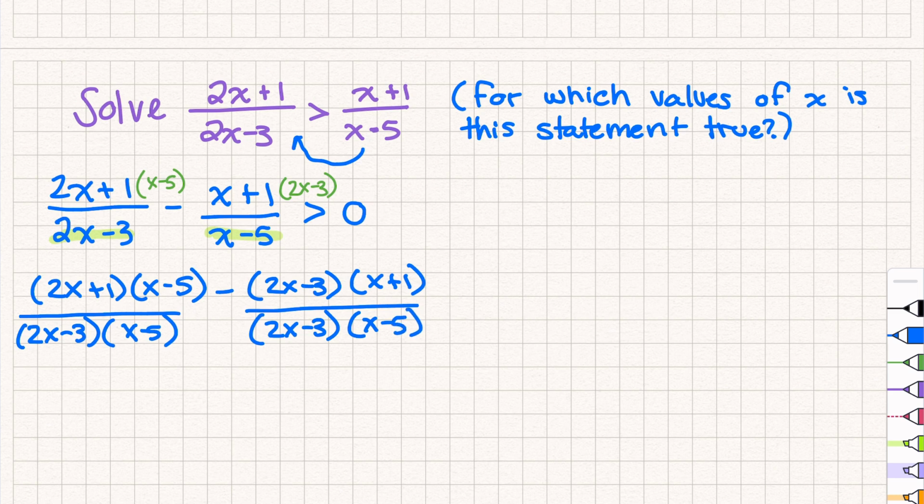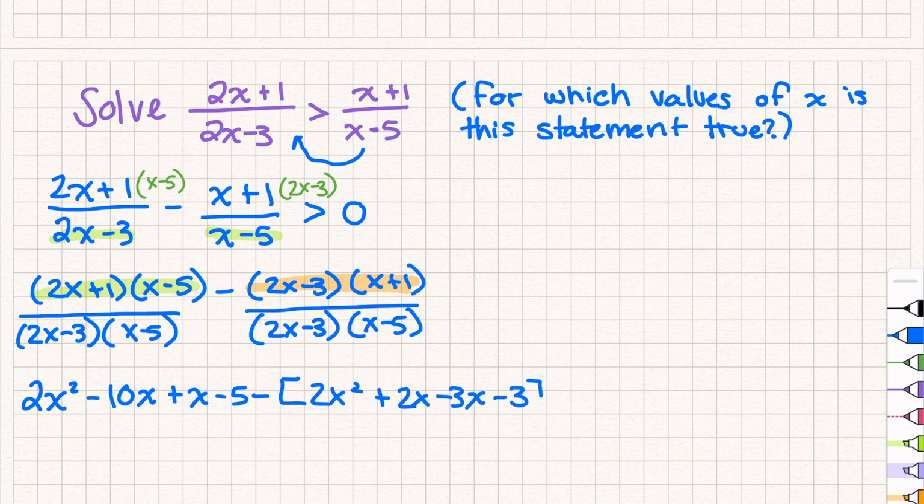So now we're going to use FOIL in the numerator. Okay, and we end up with 2x squared minus 10x plus x minus 5 minus, and then we have 2x squared plus 2x minus 3x and minus 3.